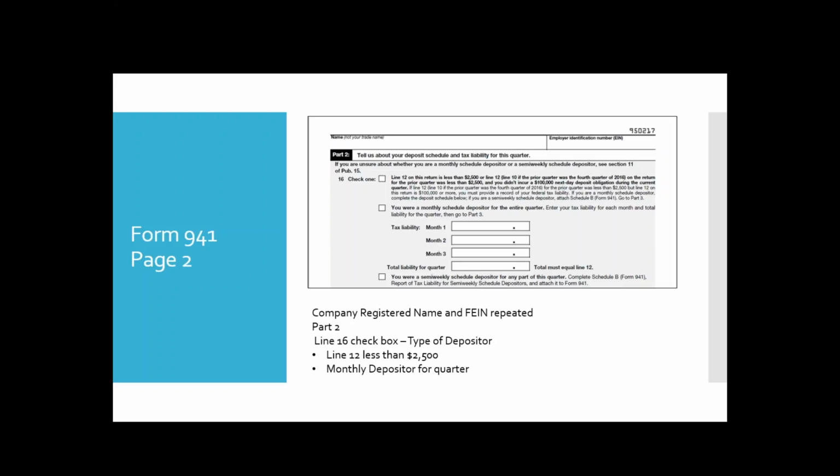Now, if your line 12 is less than $2,500 and you did not incur a $100,000 next day deposit obligation during this current quarter, that's considered de minimis. So check the appropriate box on line 16 and move on to Part 3.